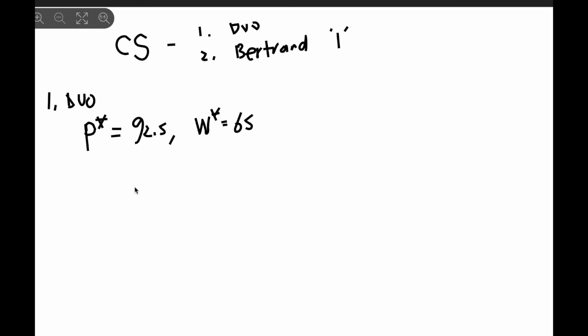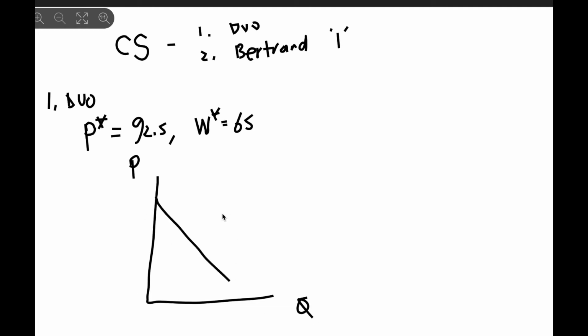So if we have our graph, P and Q, with the demand curve of 120 negative 3Q starting at 120, we have our price at 92.5, and the cost for the retailer, or price for the manufacturer, at 65.